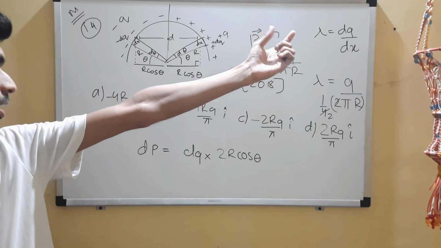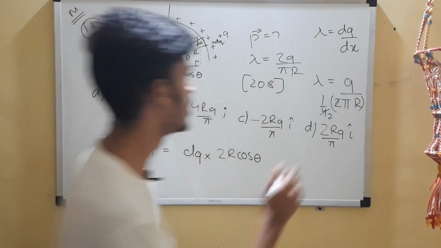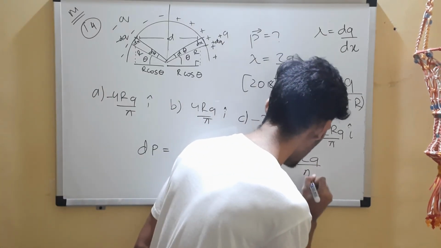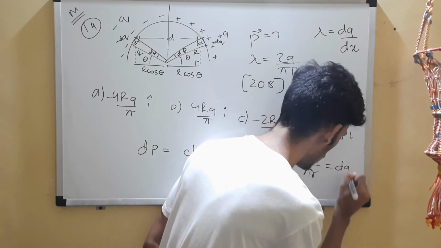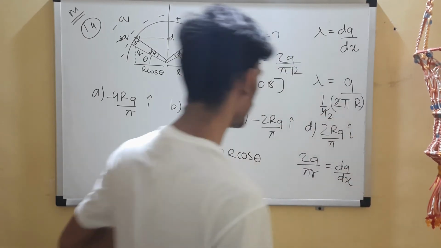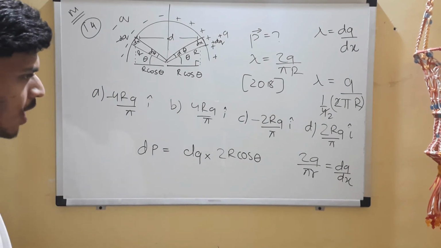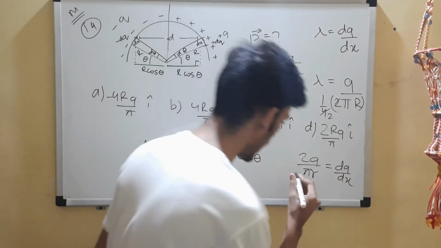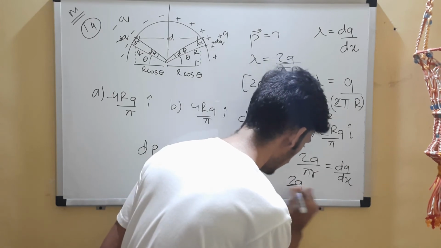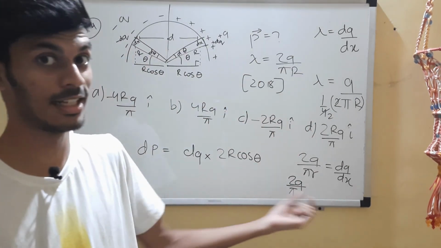You can plug it over there. Let's plug it in. 2q by pi r gives you dq by dx. So I'll express that dq in terms of dx, and then I can express dx in terms of d theta.